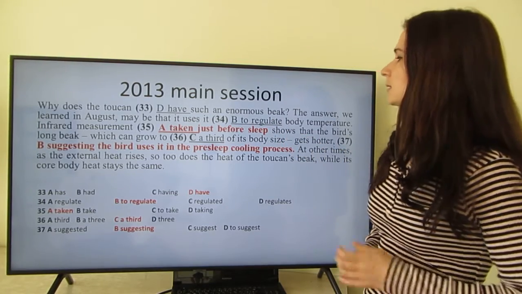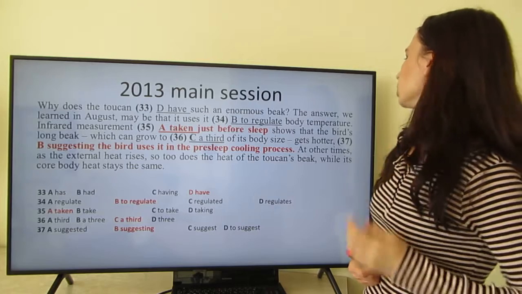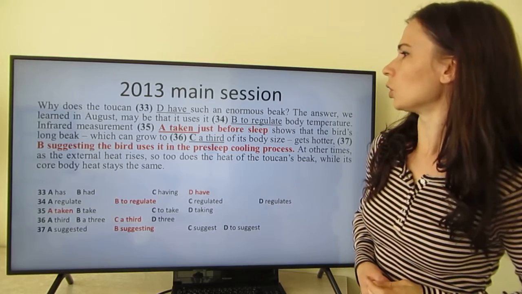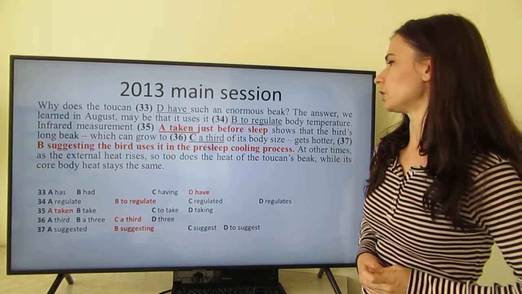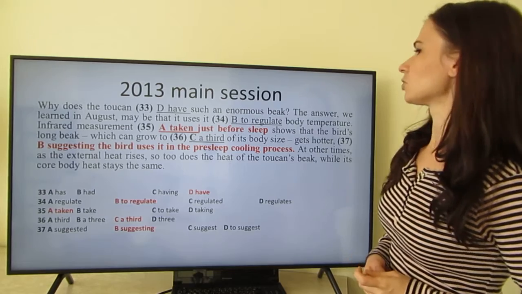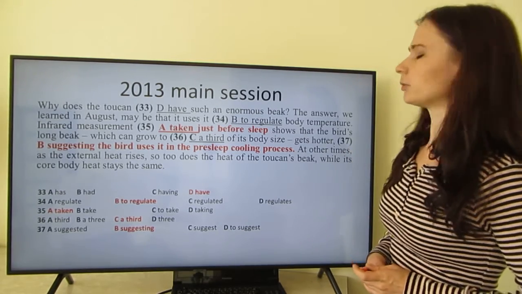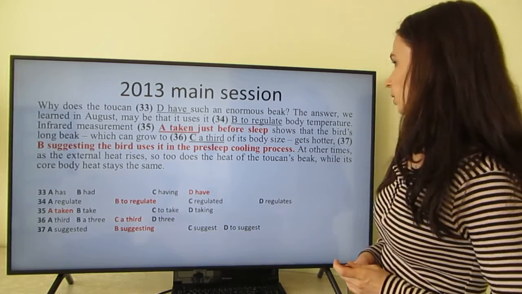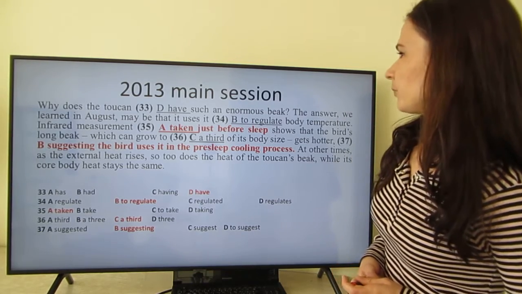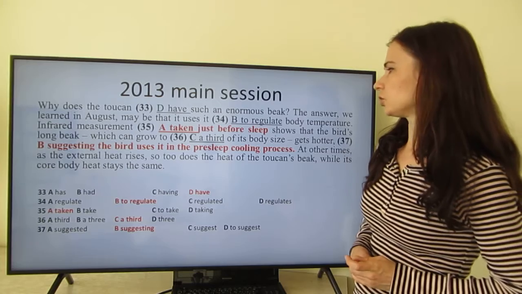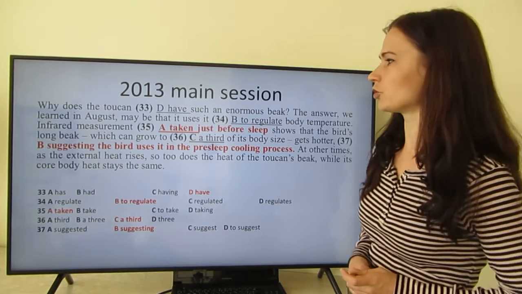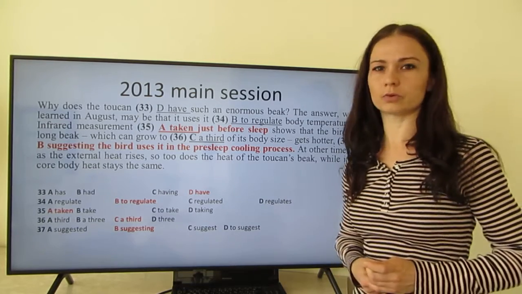Infrared measurement taken just before sleep shows that the bird's long beak, which can grow to a third of its body size, gets hotter, suggesting the bird uses it in the pre-sleep cooling process. Okay, gap 35. Taken just before sleep. Measurement taken just before sleep.